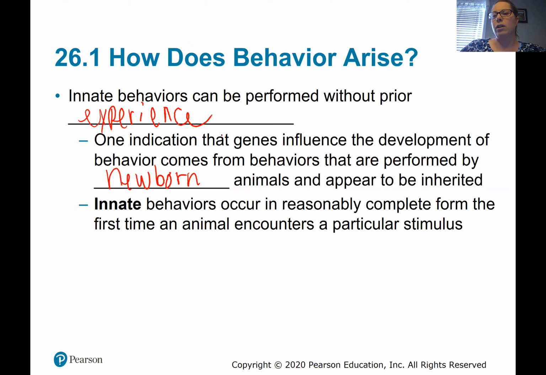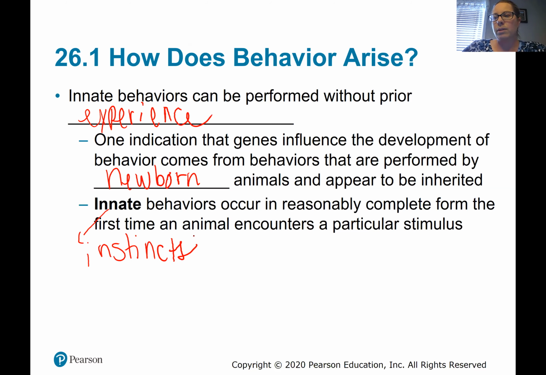If you think of a newborn baby, the newborn baby is going to basically automatically know how to nurse when it's given the proper stimulus. We call these innate behaviors. We also call them instincts, because the behavior can happen the first time the animal is presented with that stimulus.